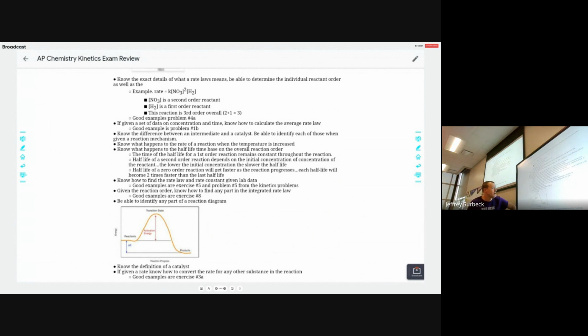Finding the rate law and rate constant given lab data. That's key. That's going to be 2, if not 3, of the fill in the blank. Really good examples are both of these.